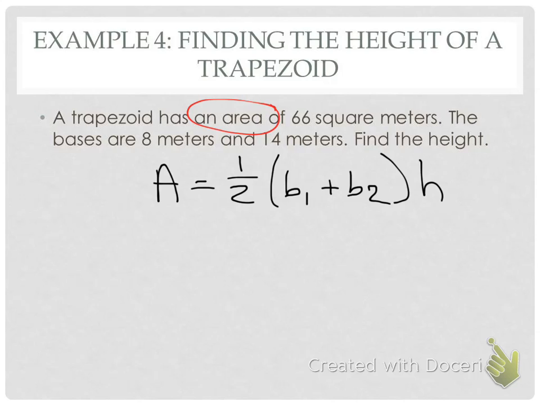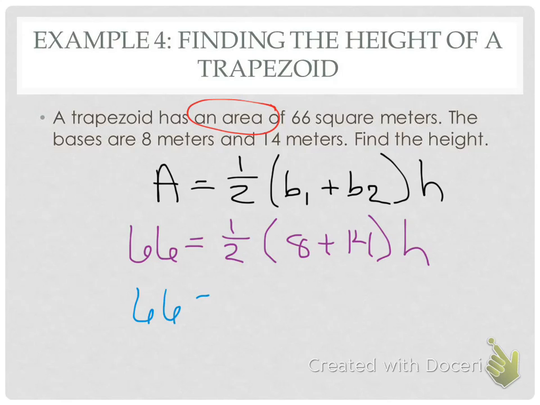Now I plug in my numbers. 66 is my area, equals 1/2. First base is 8, second base is 14, times height. All right, now I do what's in parentheses. 66 equals half of 20, what is that, 22? Times height. What's half of 22? 11.